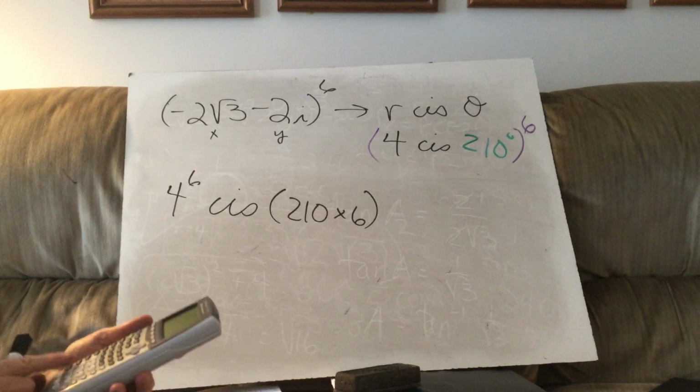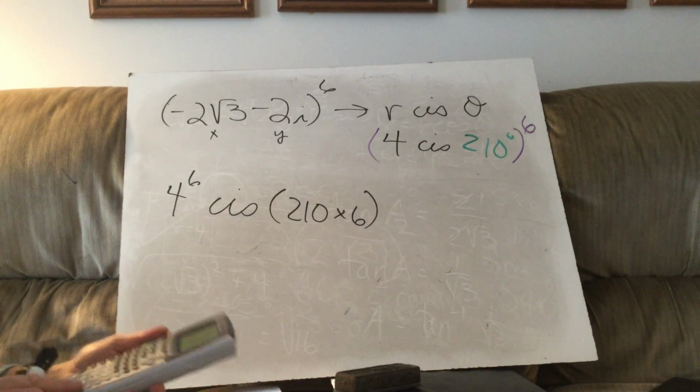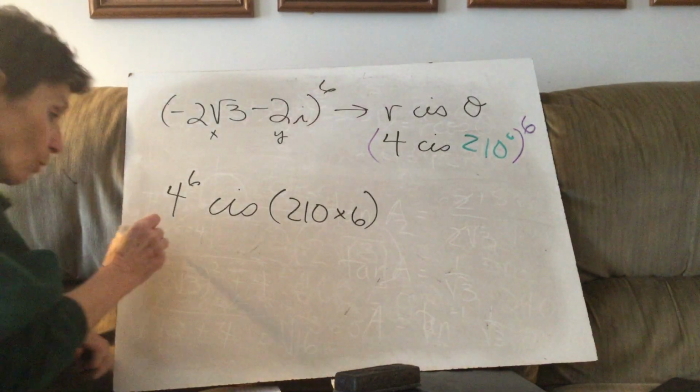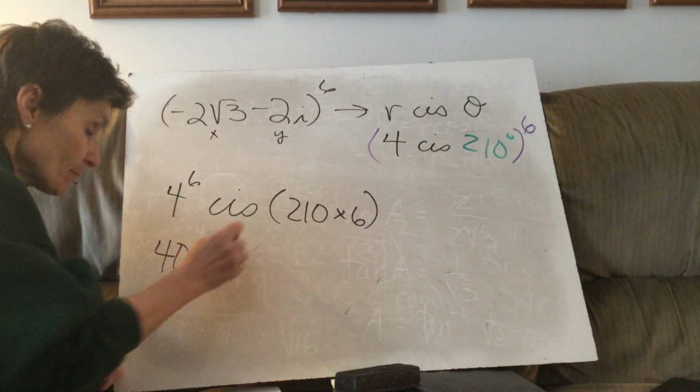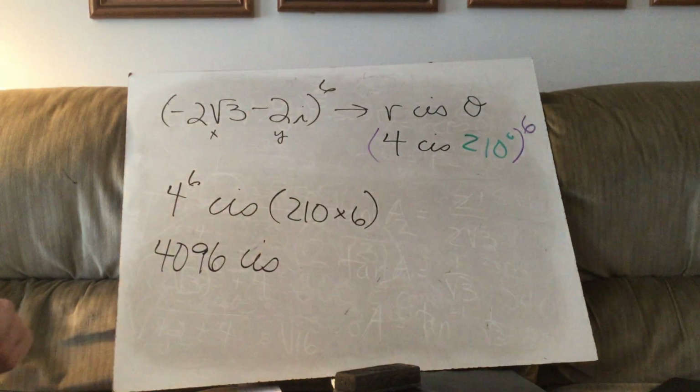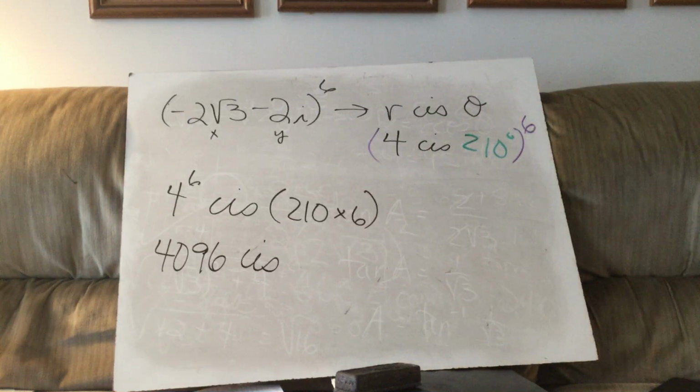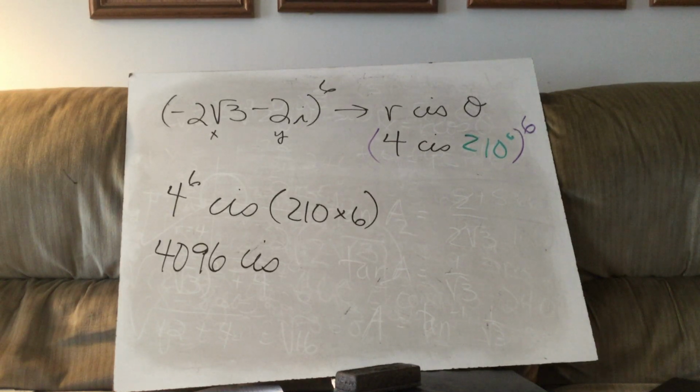All right, so let's get our calculator out. 4 to the 6th, going to be a big number, 4096. And then we take the angle times the power, and that's 1260.